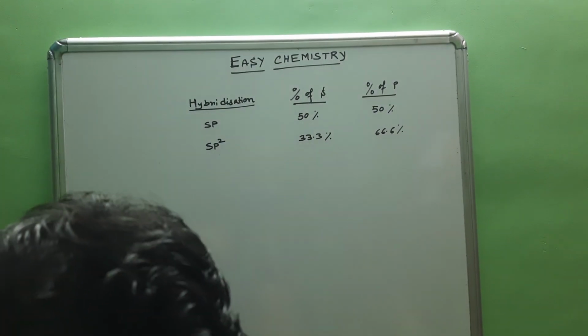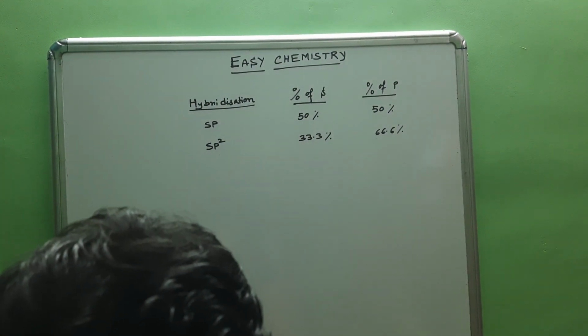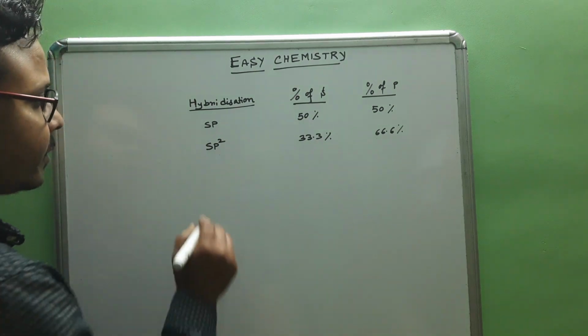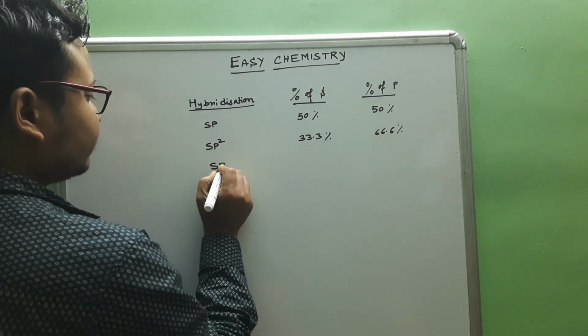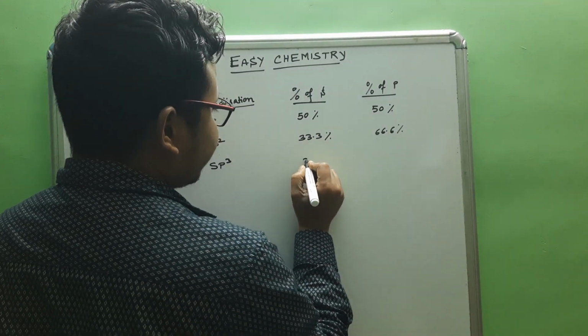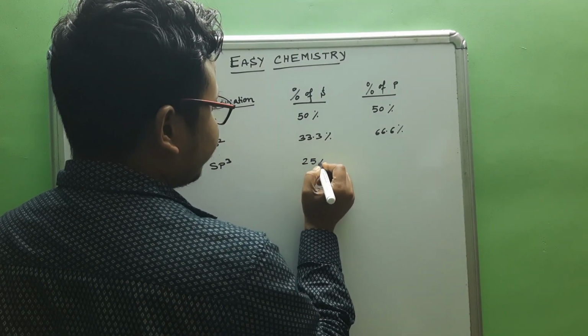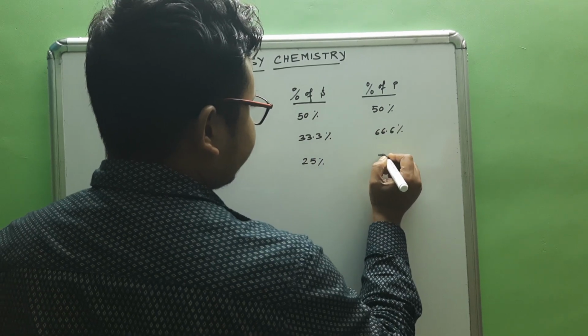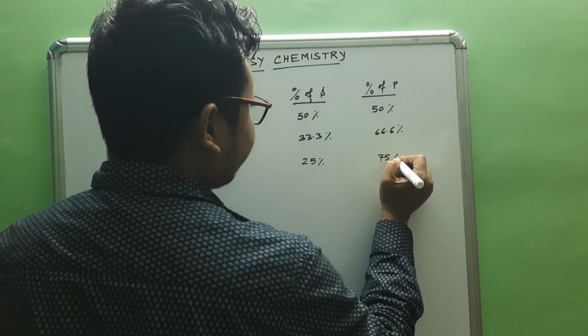Okay, and for sp3 hybrid orbital, what is the percentage of S character? Percentage of S character is 25%, and percentage of P character is 75%.